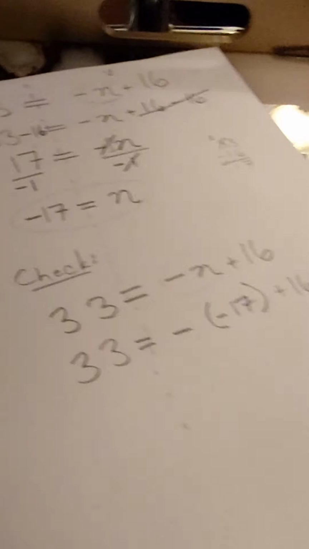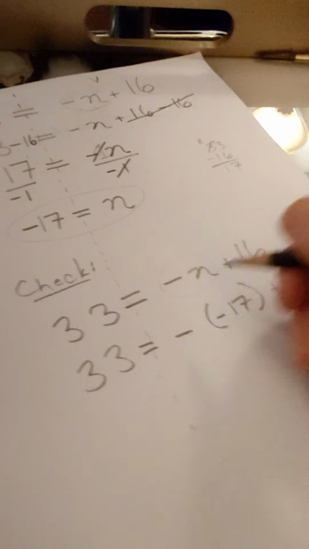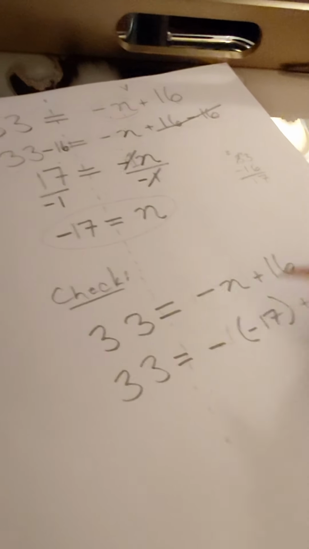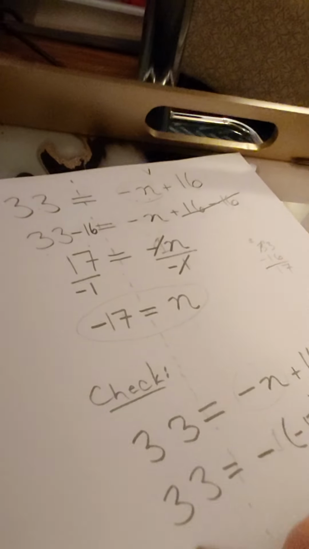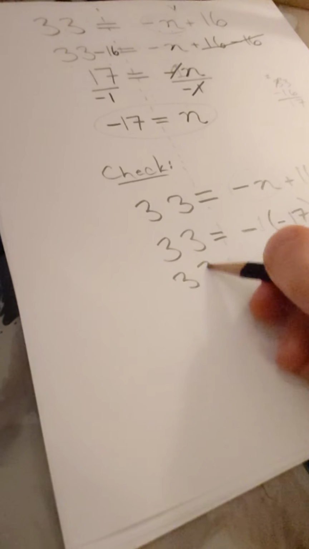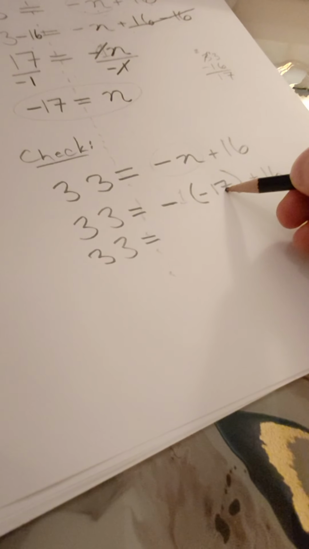Very confusing, I know, okay? It's almost like there's a negative 1. We have to pretend. So 33 equals negative 1 times negative 17.